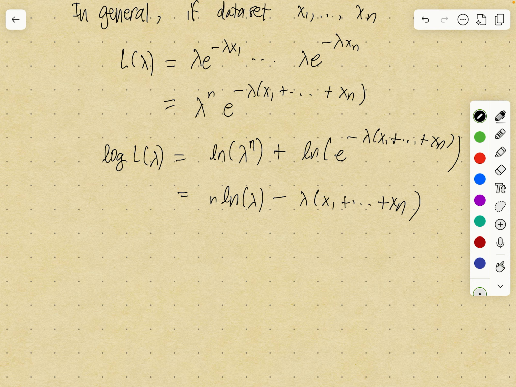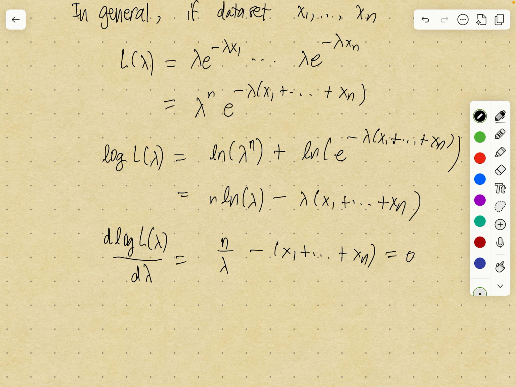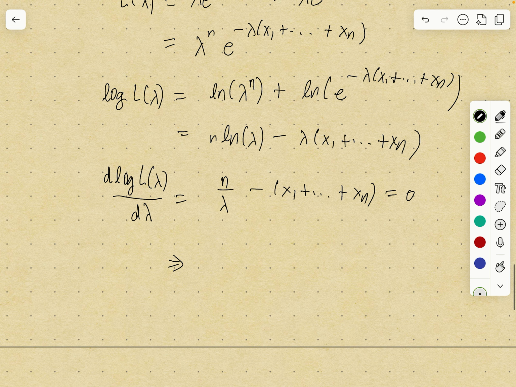So now we take the derivative of this with respect to lambda, and that's going to give us n over lambda minus the sum from x1 to xn. And we set that equal to 0, and when you solve for lambda, you are going to get lambda equals n over x1 plus dot dot dot plus xn.